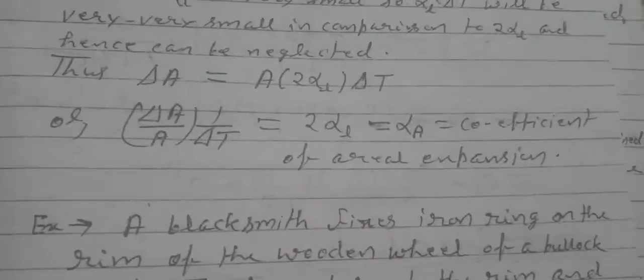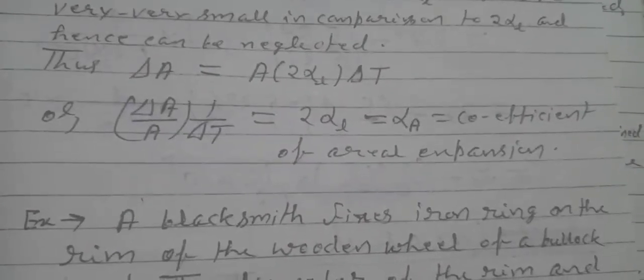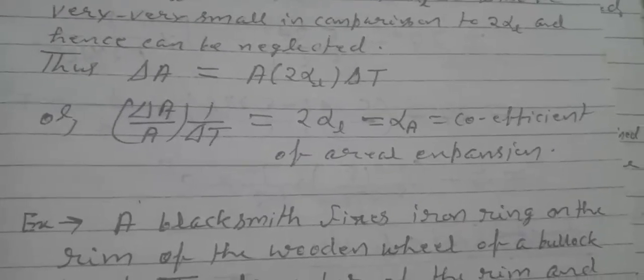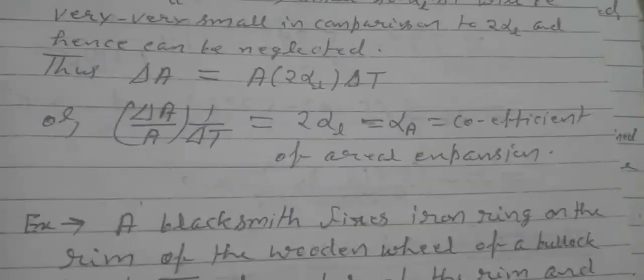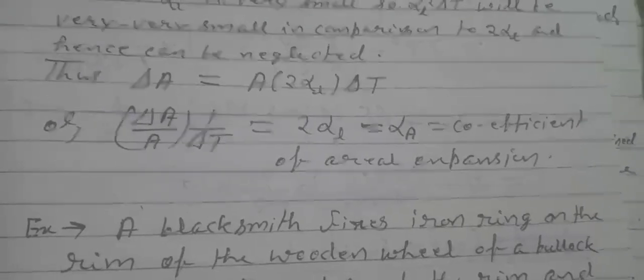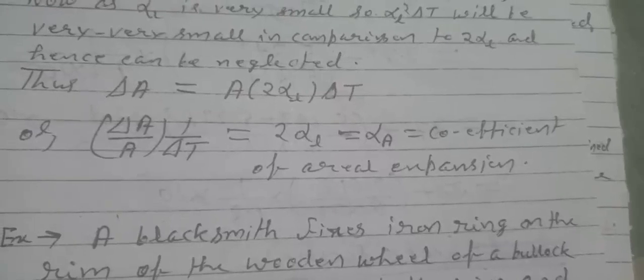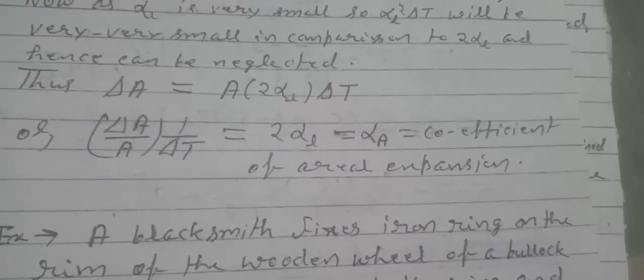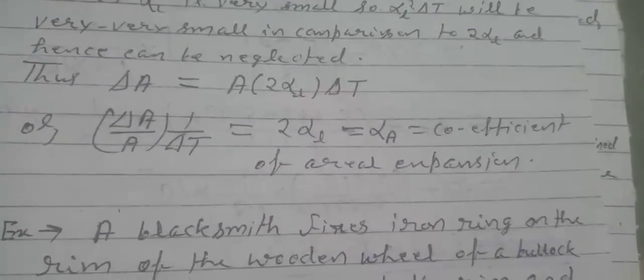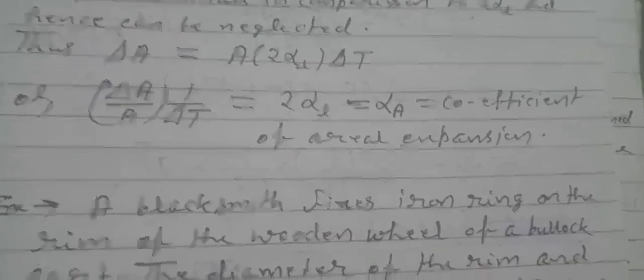Thus delta A equals A into 2 into alpha L into delta T, or delta A by A into 1 by delta T equals 2 alpha L equals alpha A, the coefficient of areal expansion. Proved.